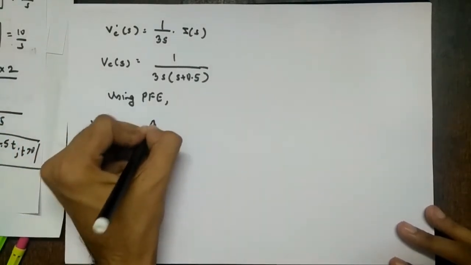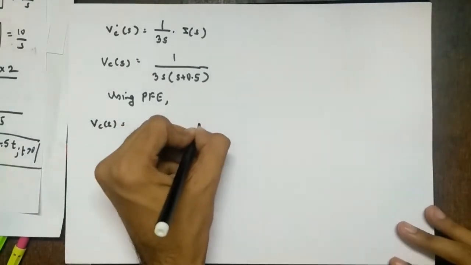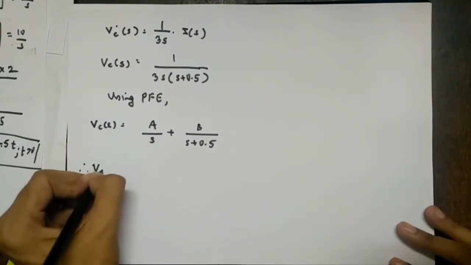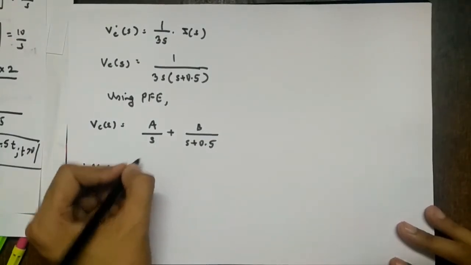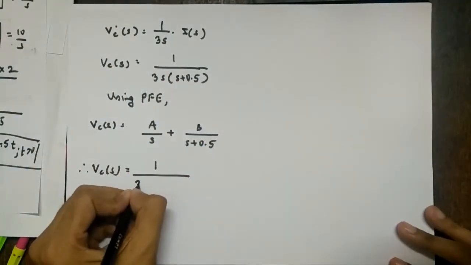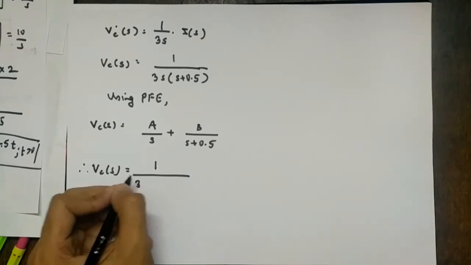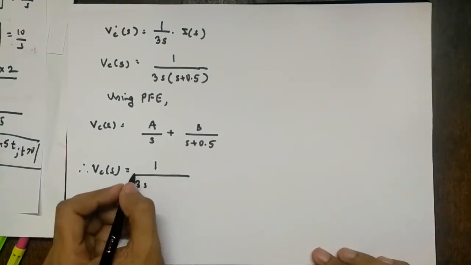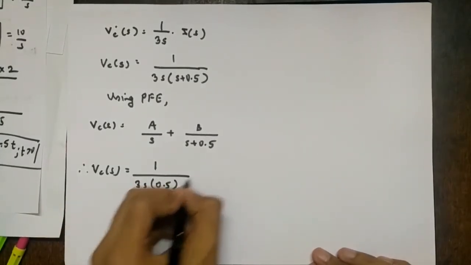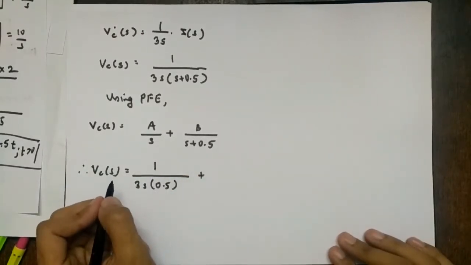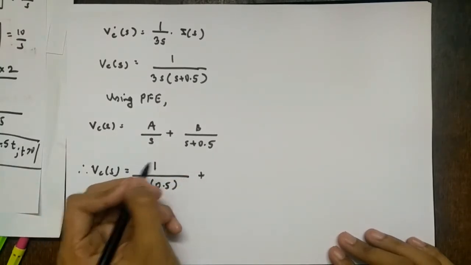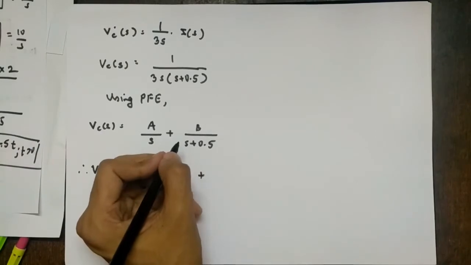VC of s is A upon s plus B upon s plus 0.5. So again we can use the shortcut method. Right? So substitute s equal to 0 everywhere except this s. So it will be 1 upon 3 into 0.5, plus, s is now minus 0.5.